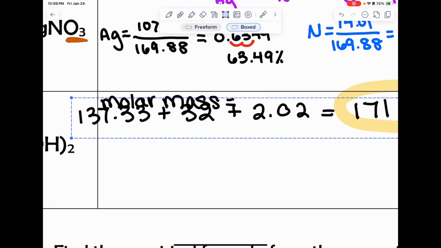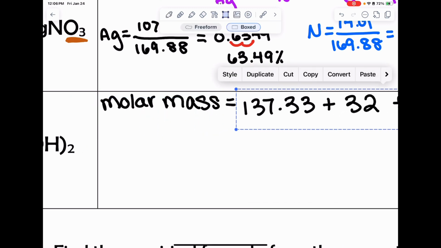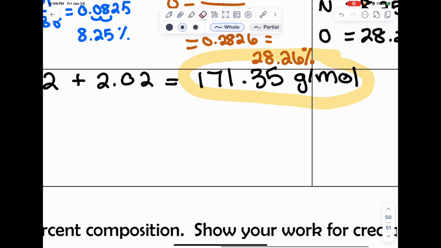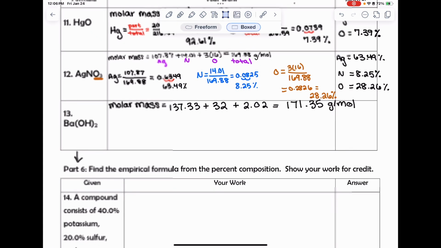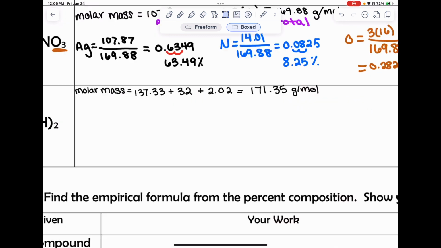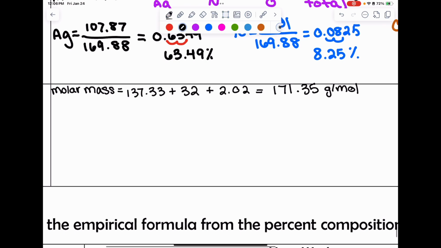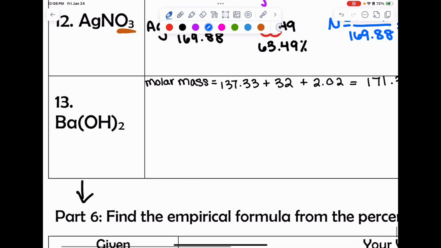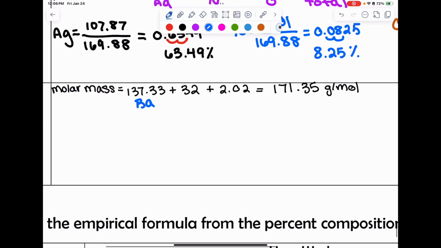Let me paste it. Let's erase that. And let's make it smaller so it fits. All right, so I'm going to label this one as well. The first part was Ba. This is Ba's mass. The second part is oxygen, and the third part is hydrogen.